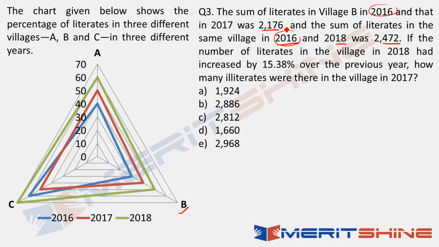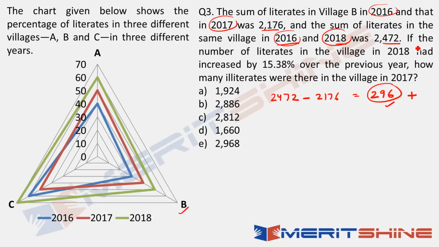So basically 2472 minus 2176, this number minus this number, which is equal to 296, is the increase in literates from 2017 to 2018. So from 17 to 18, the increase is of 296. So this is the number by which the literates increased in 18 over 17.